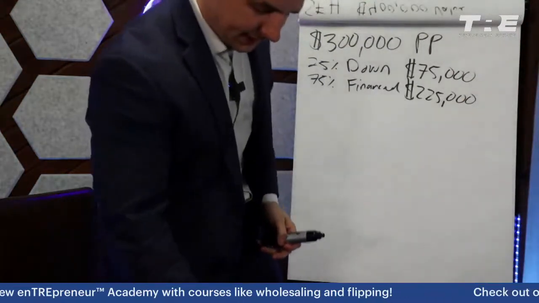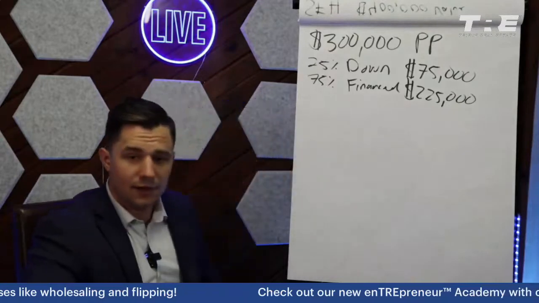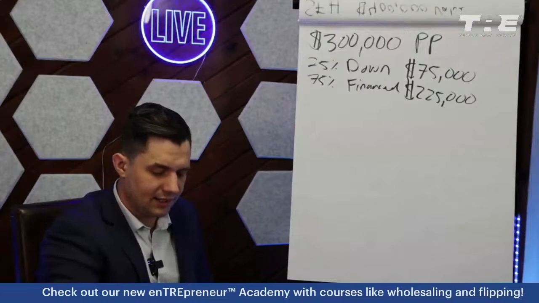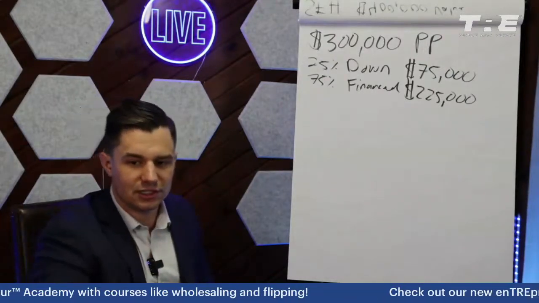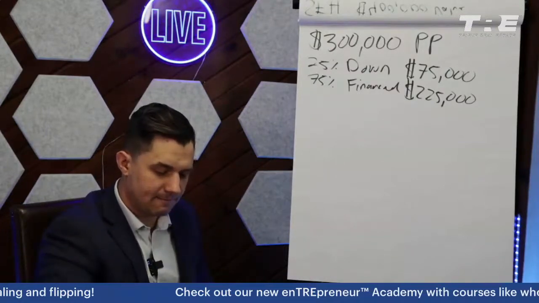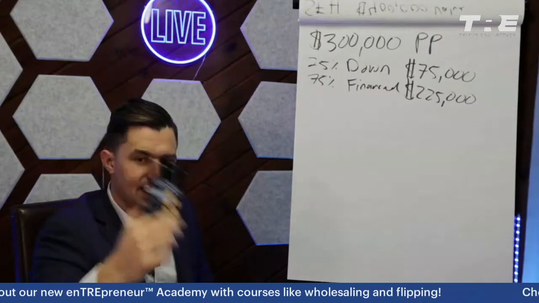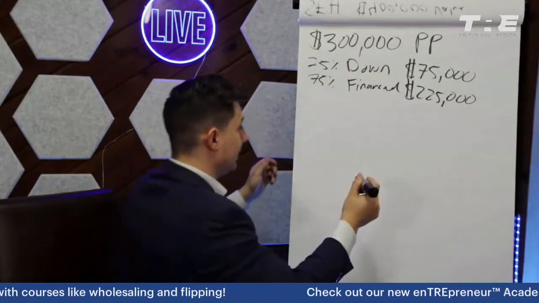All right, so let's say on this 225, we got a 7.5% interest-only loan times 0.075. That gives us $16,875 a year in debt payments.